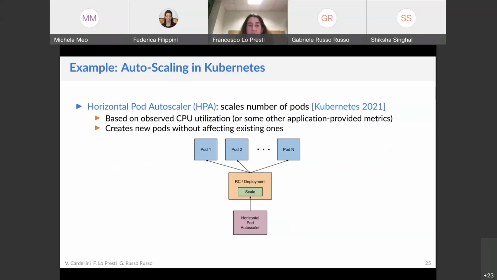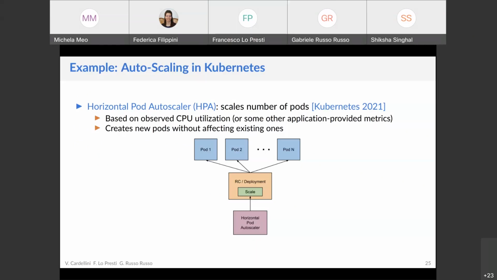The other autoscaling at pod granularity that we have in Kubernetes is the horizontal pod autoscaler. In this case, Kubernetes can scale the number of pods.